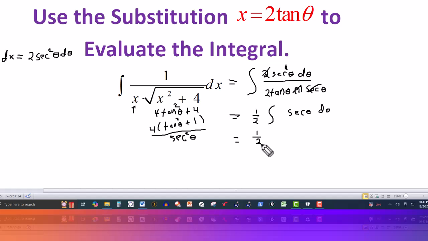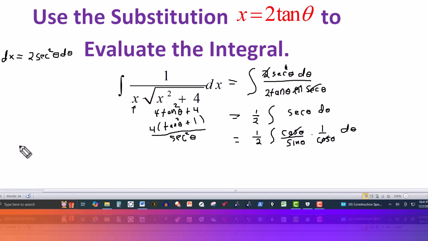So I'll do it this way then. In the integral, tangent goes upstairs, it becomes a cotangent. Cotangent is cosine of theta over sine of theta. And then secant and cosine are reciprocal, so I can write the secant as 1 over cosine. So then the cosine and the cosine will cancel, and I'm left with 1 over sine.